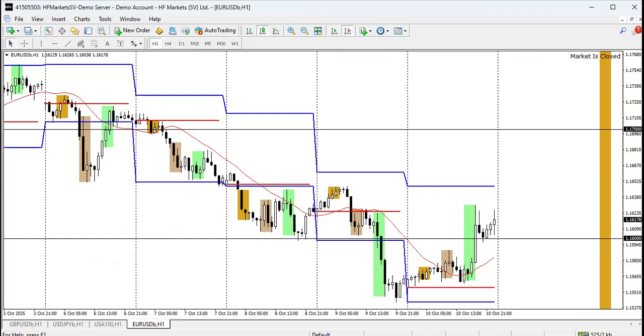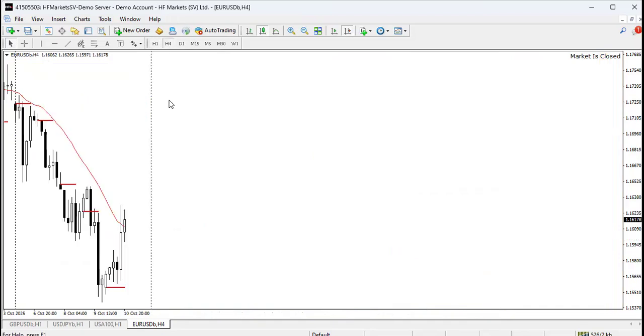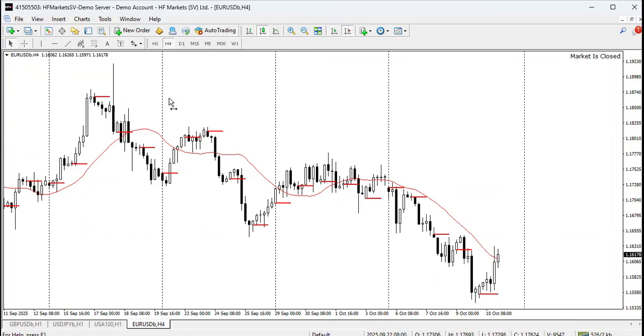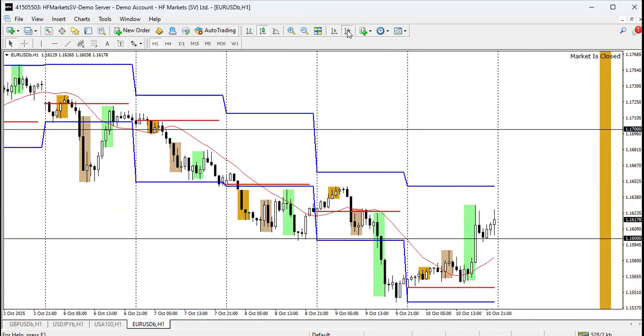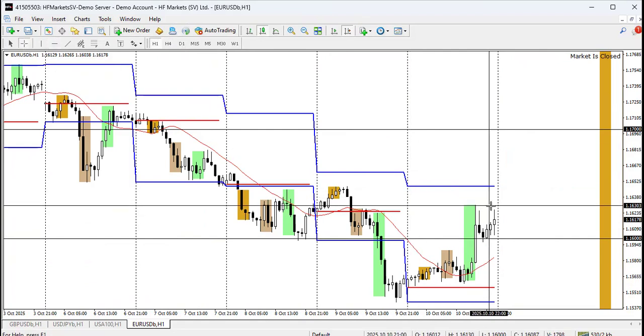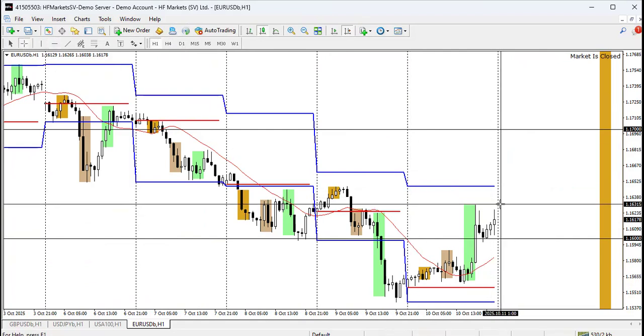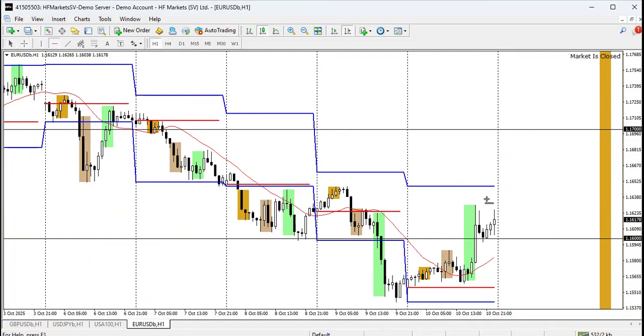So what is likely to happen as the week begins? I think, first of all, this market is still, for me, bearish. Now, I would want to see what happens, because this is the closing range of the week.